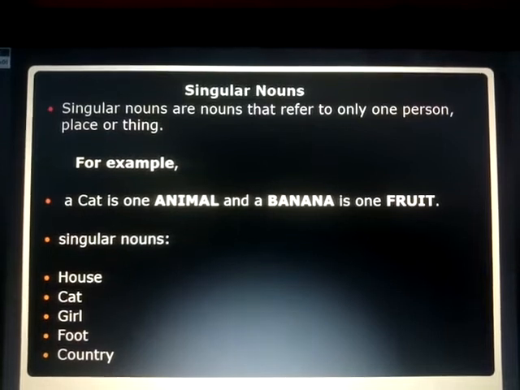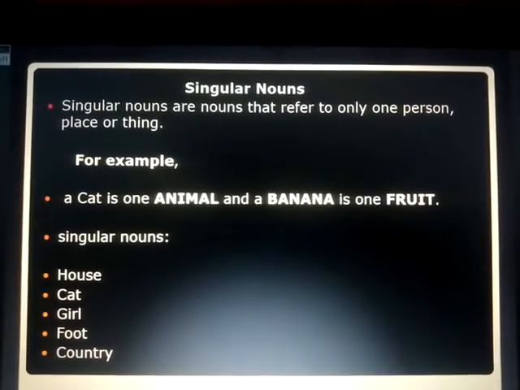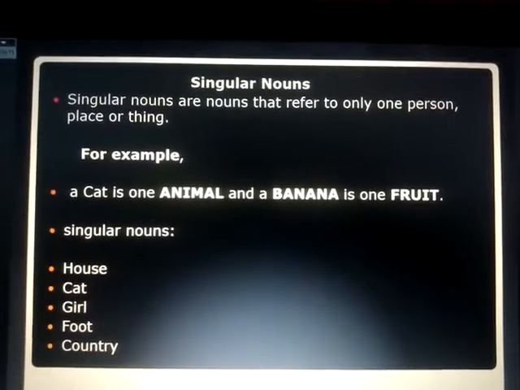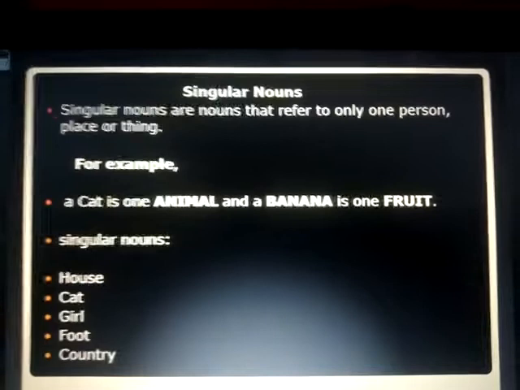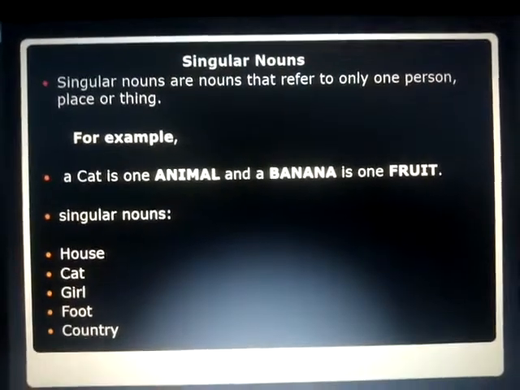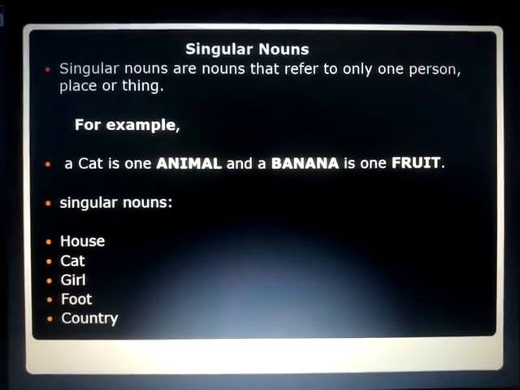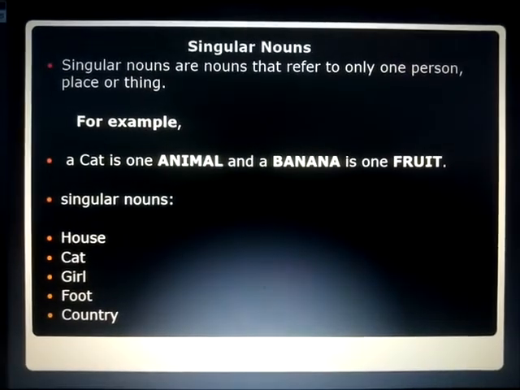Singular nouns. Singular nouns are nouns that refer to only one person, place, or thing. For example, a cat is one animal and a banana is one fruit.